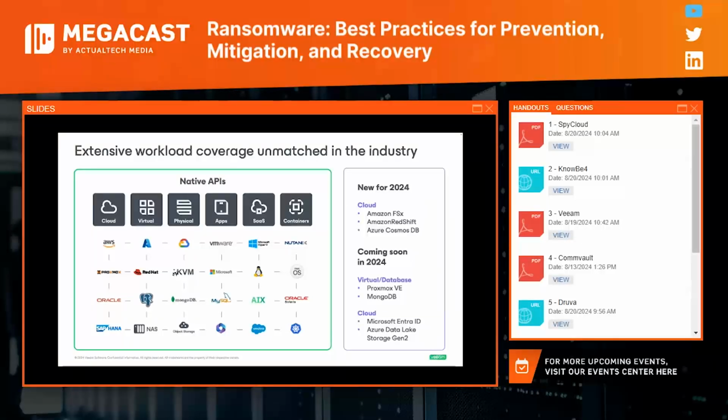And we've been adding a lot of workloads continually with the cloud as more people move to it and use these workloads, or different hypervisors, people looking to change their strategy there, and new applications and databases where they might be storing data for some of their latest apps. So it's critical to have this wide coverage.